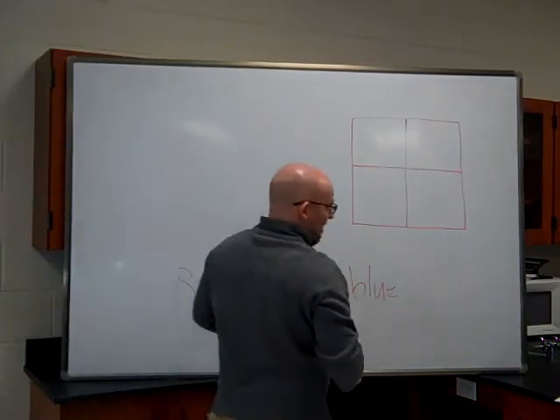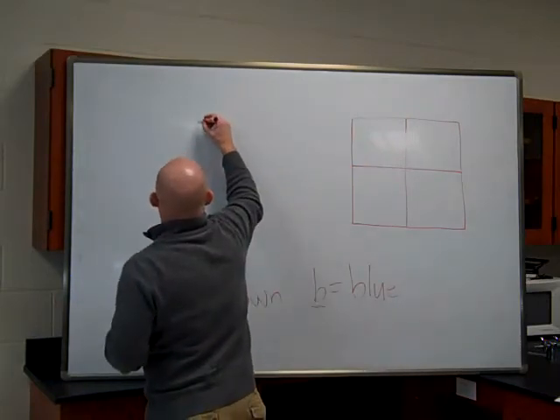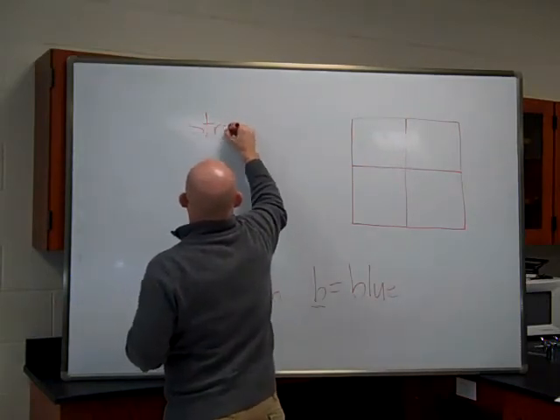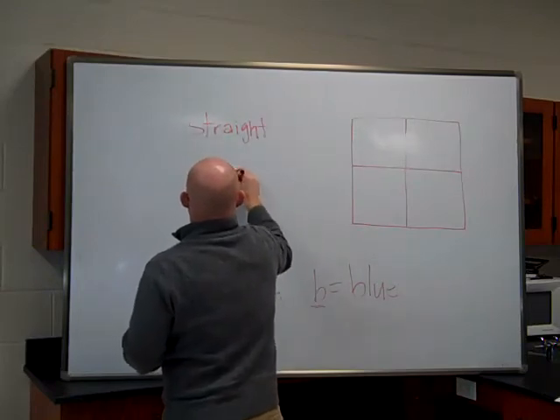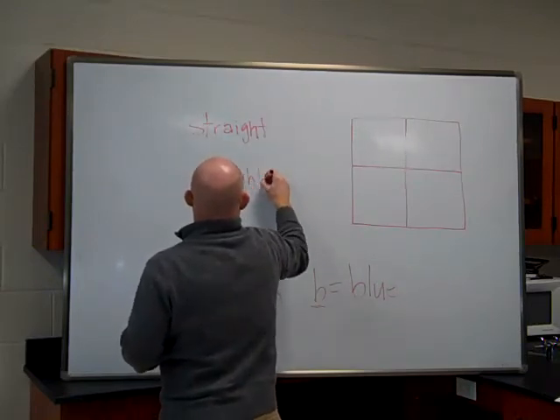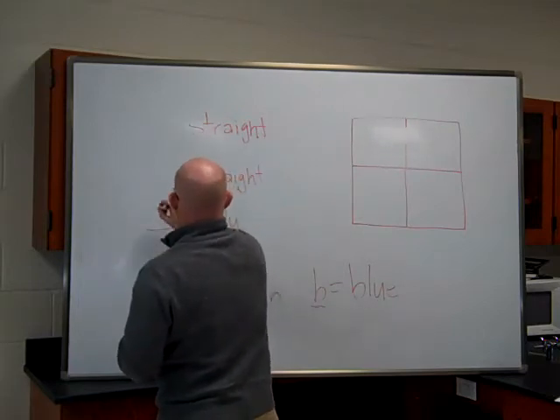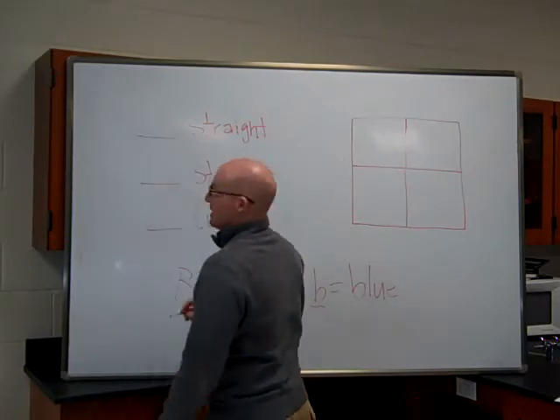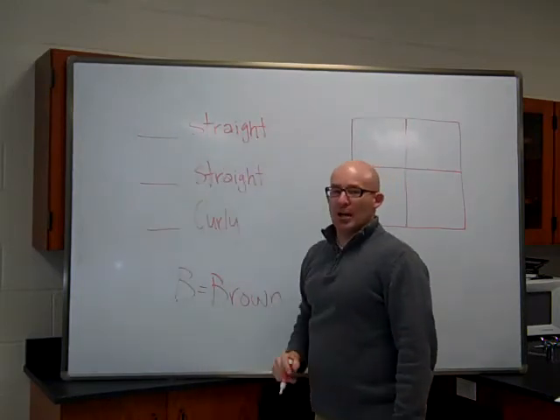Now, the next part of the paper is the exact opposite. It might say straight, curly. So it lists the phenotype, and you have to write the genotype.